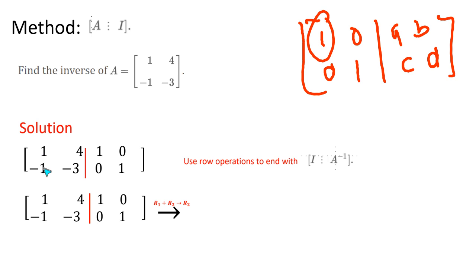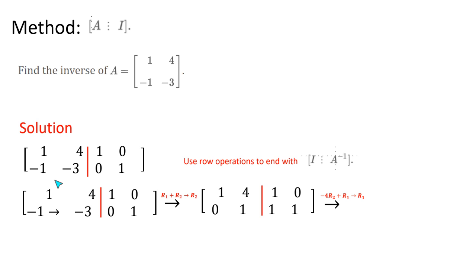Since they're opposites of each other, I could just add the 2 rows, row 1 plus row 2, and that's going to create a 0 down here. Symbolically, we can write it as row 1 plus row 2, and then we're going to put our answer in row 2.